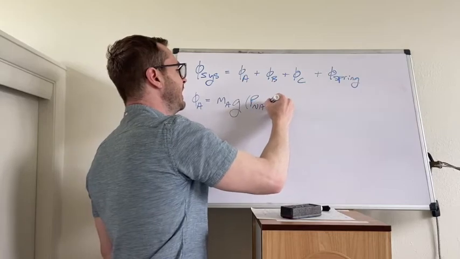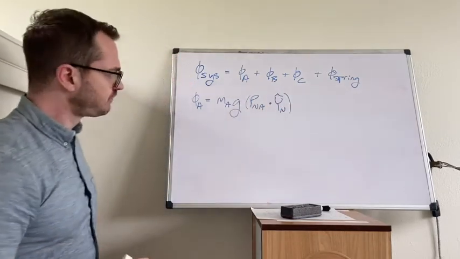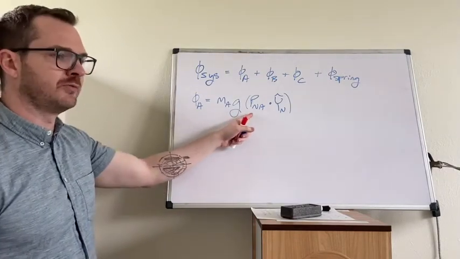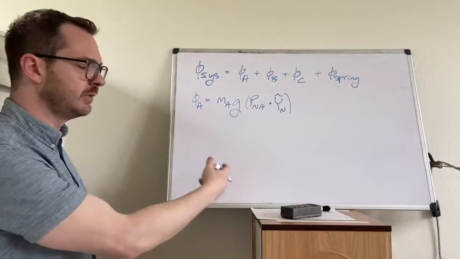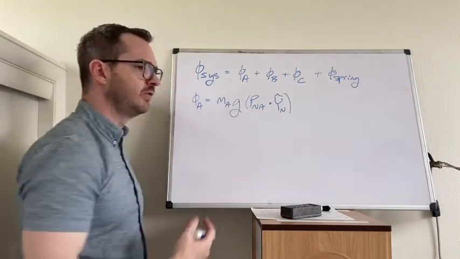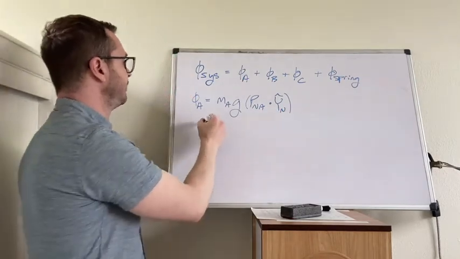Let's do P into A dot y hat n. We're saying that gravity acts in the y hat n direction. What we need is the vertical displacement. We're already tracking all of these centers of mass because we did linear momentum. So we just take those position vectors and do a dot product, and now we have our gravitational potential.